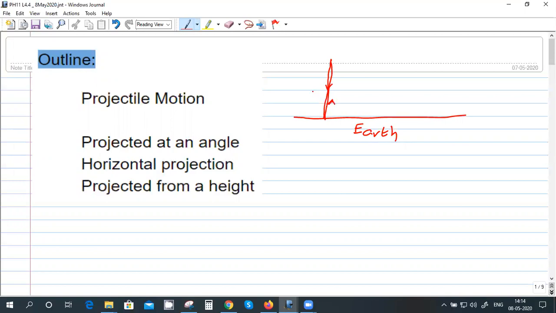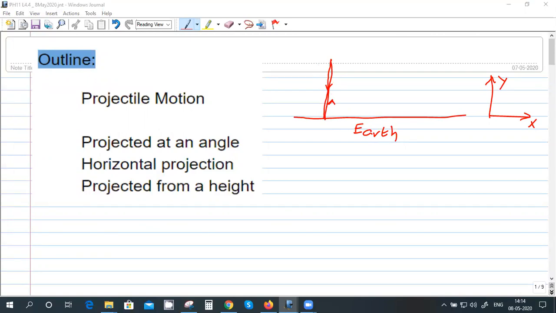If x-axis is this way and y-axis is vertically up, so only the y of the mass changes, right? X is same. So it is 1D if it is thrown vertically up.